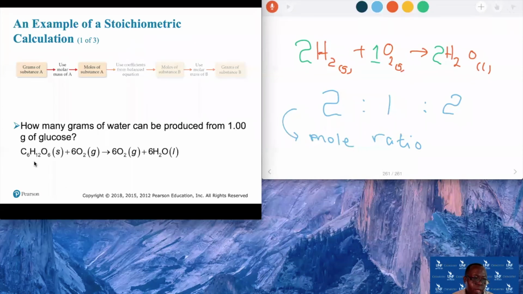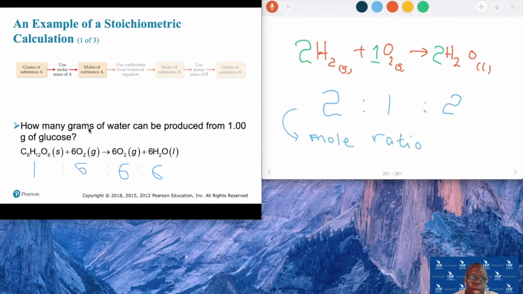See here, this is 1 to 6 to 6 to 6. That is how you read this equation.